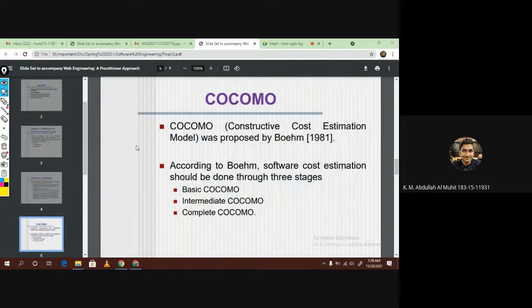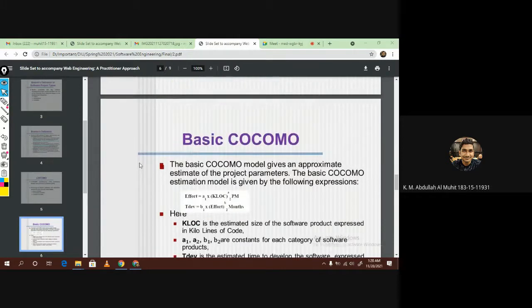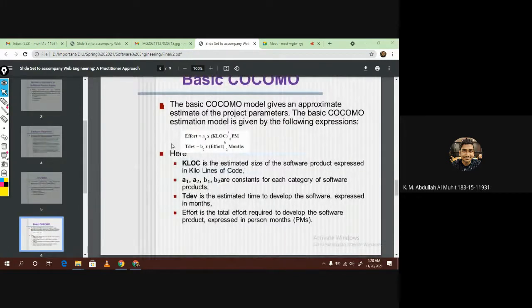The COCOMO constructive model was proposed by Boehm in 1981. According to Boehm, software cost estimation should be done in three stages: basic COCOMO, intermediate COCOMO, and complete COCOMO. We're going to learn basic COCOMO, to find out the effort and TDEV, the development time.